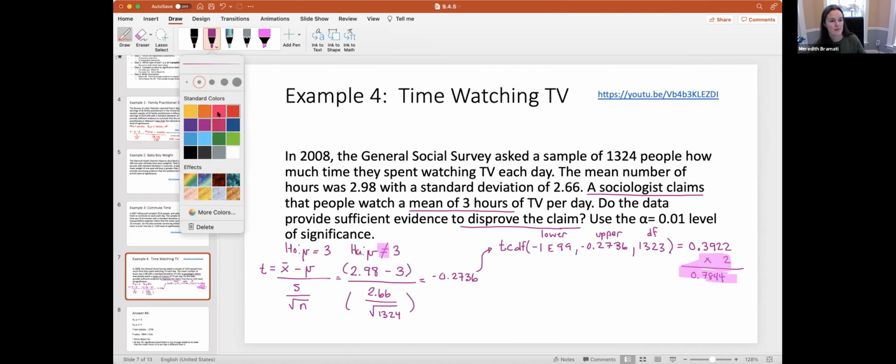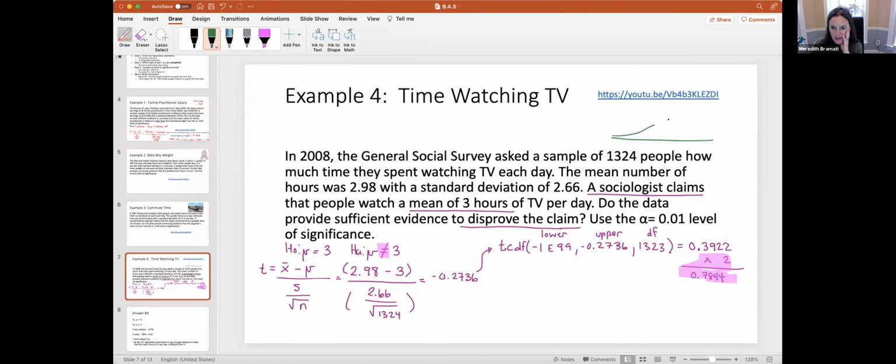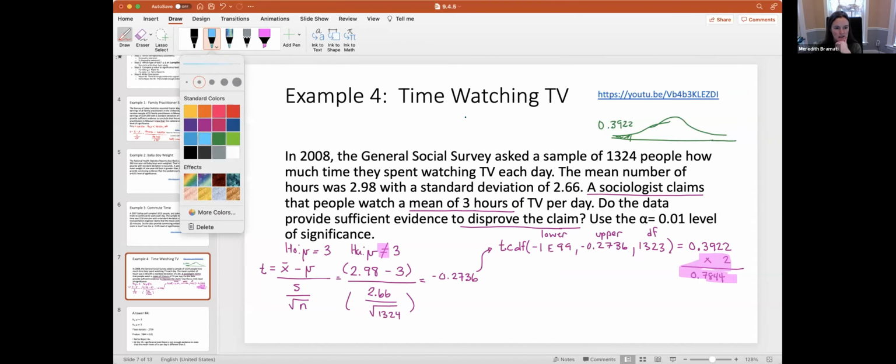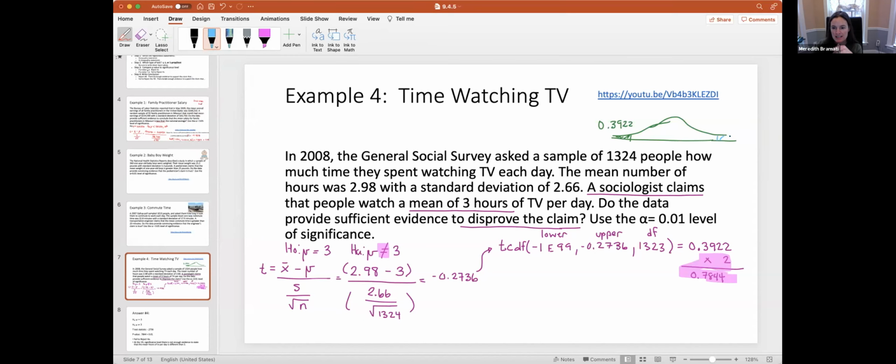What's happening is, when I run this tcdf, it actually gave me the value right here to be 0.3922. But it's a two-tailed test, which means that over here on the other side is the exact same p-value, just for the top. So that's why I have to multiply times 2.